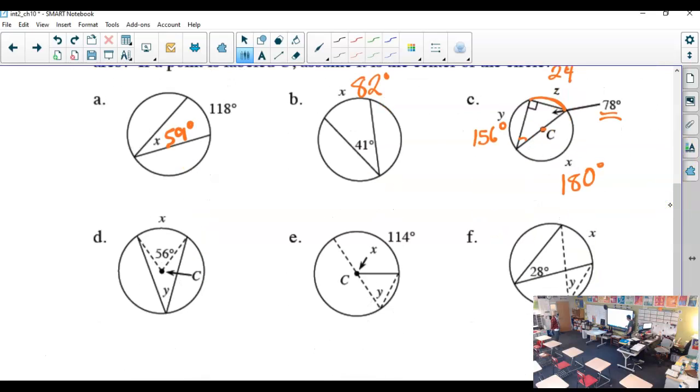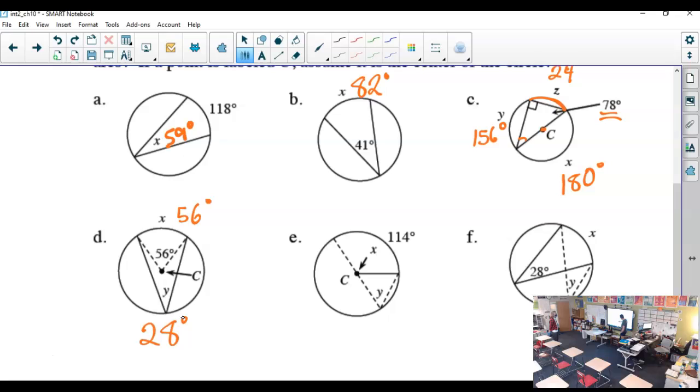All right. If this is 56, what's this? X is 56 and Y is 28. No, that's 112. It's definitely not, it's 28. It's 112, guys. X is 114 degrees.